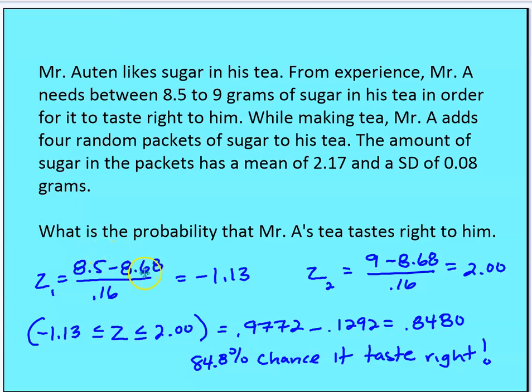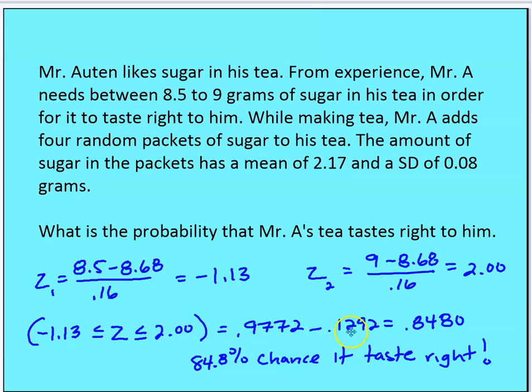Now I'm going to find the z-scores. For 8.5, the mean is 8.68, and the z-score is negative 1.13. The z-score for 9 grams is going to be 2. So I'm looking for z-scores that lie between negative 1.13 and 2.